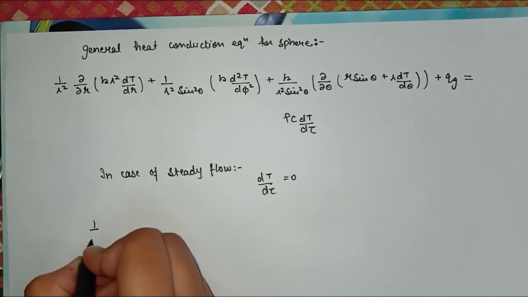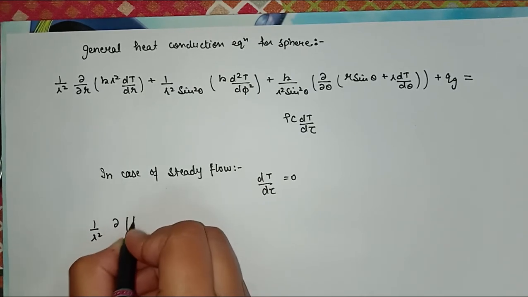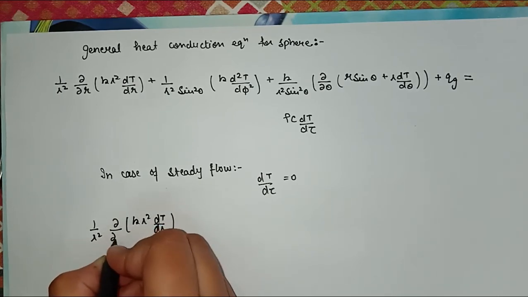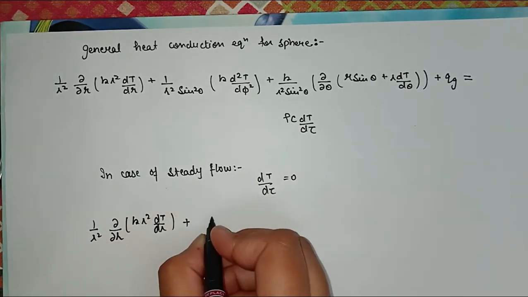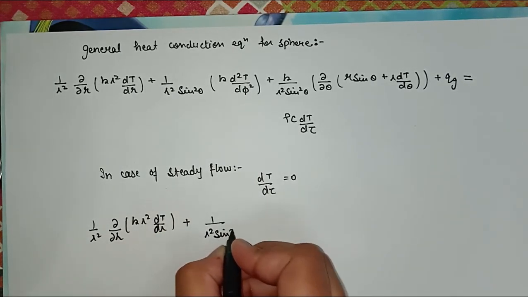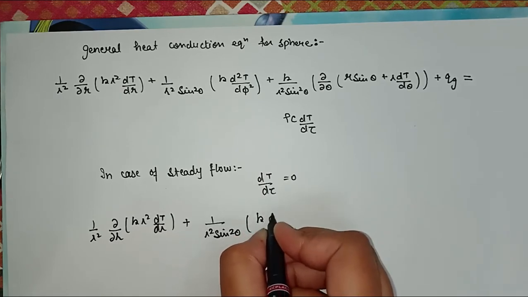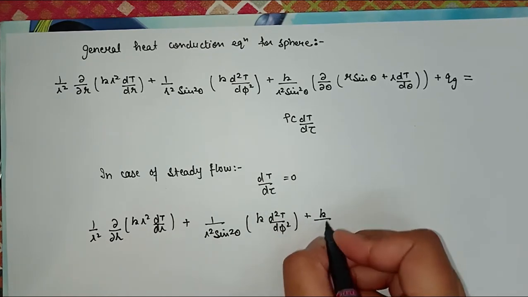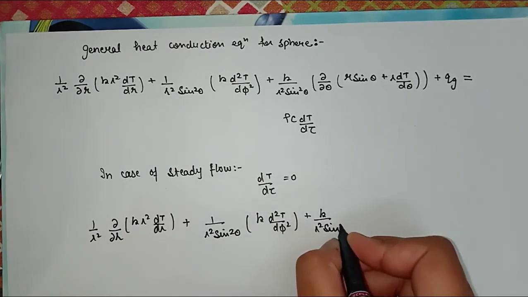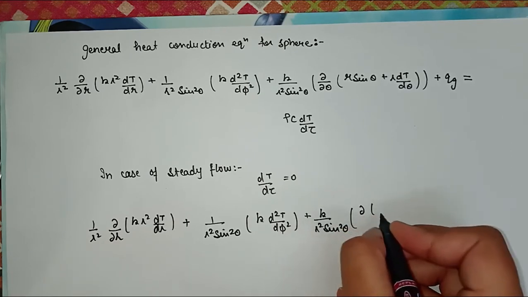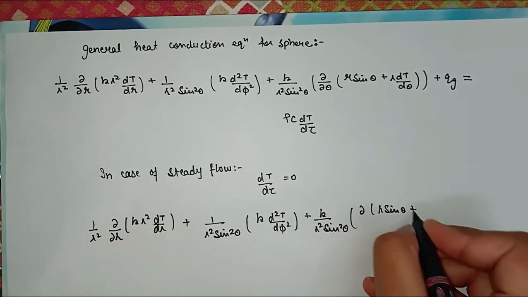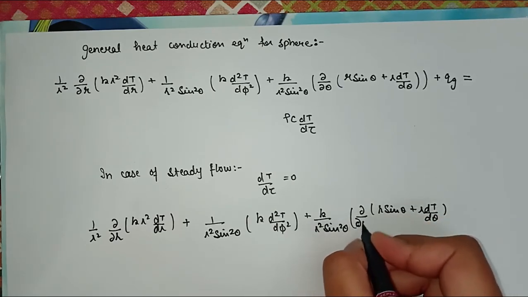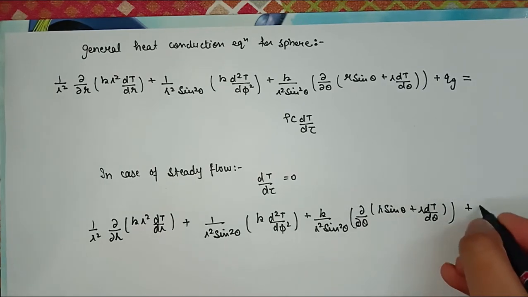Now substituting this in the general heat conduction equation, the equation would be reduced to 1 divided by r² ∂/∂r of (k r² dT upon dr) plus 1 upon r² sin²θ k ∂²T by ∂φ² plus k upon r² sinθ ∂/∂θ of (sinθ dT divided by dθ) plus qg equals 0.